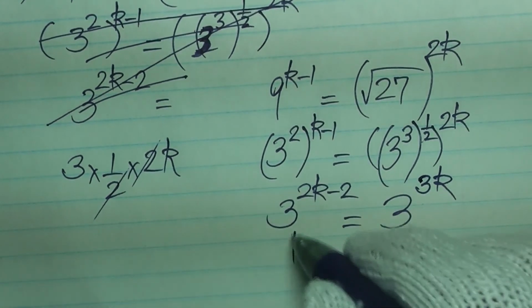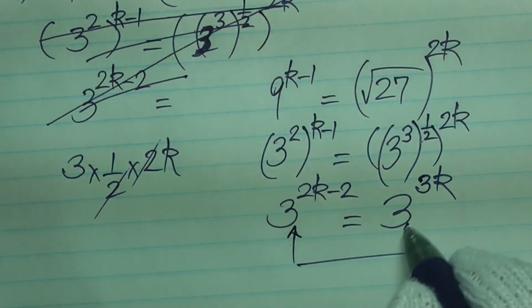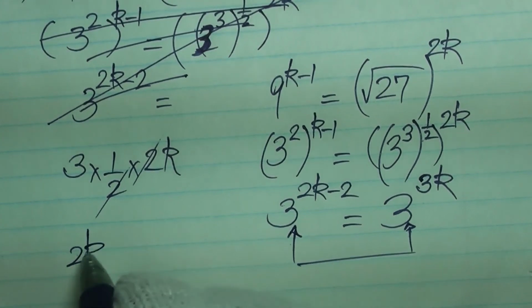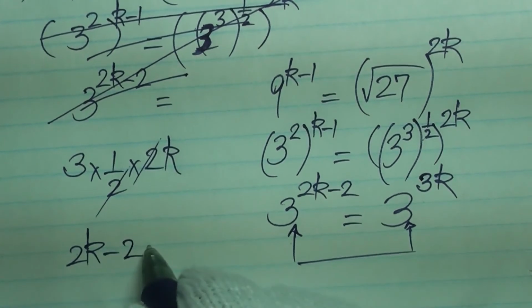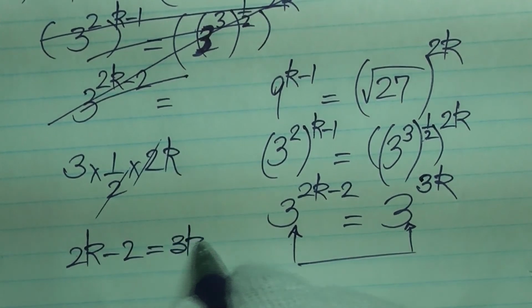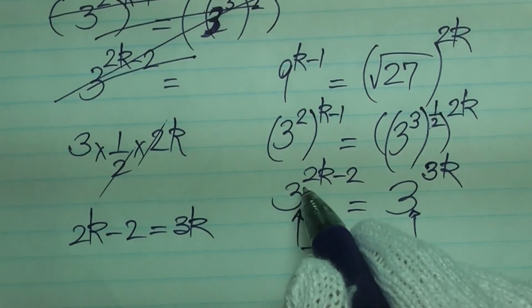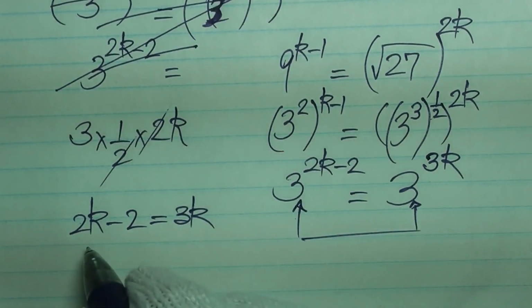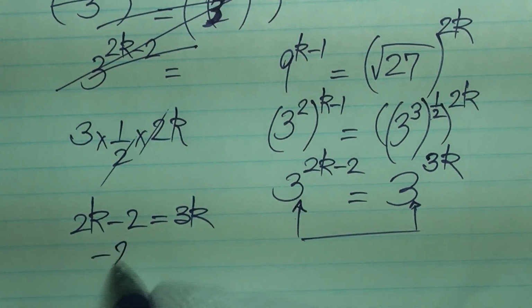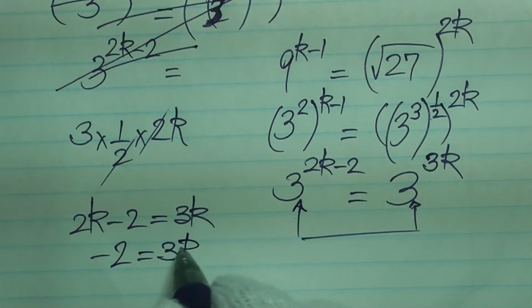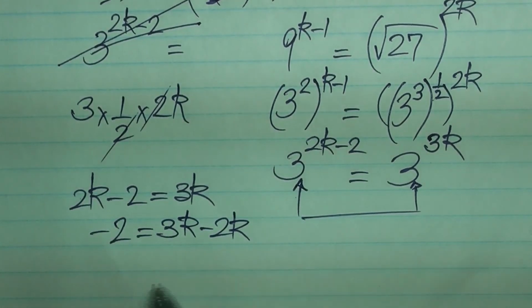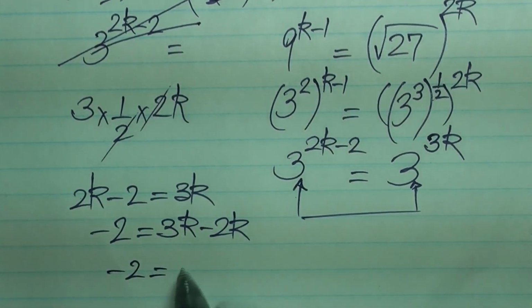And now that my bases are the same, I can equate the exponents. 2k minus 2 equals 3k, minus 2 equals 3k minus 2k, minus 2 equals k.